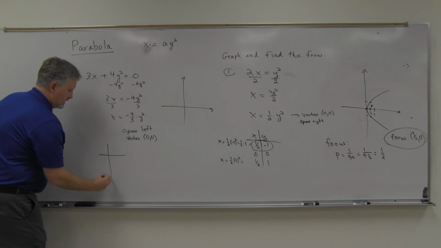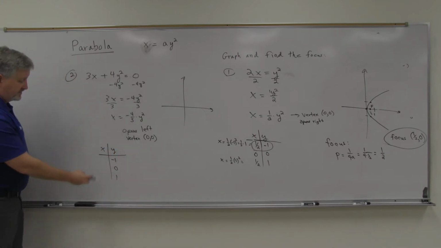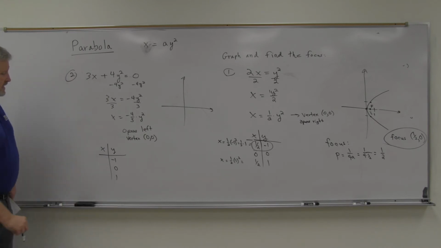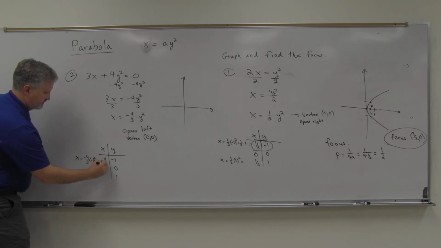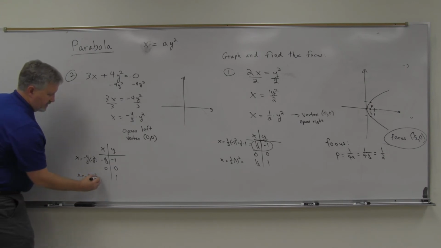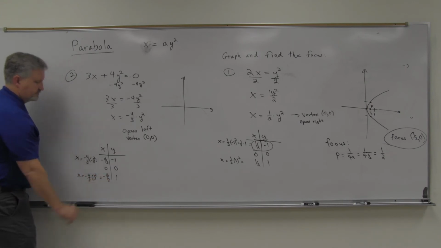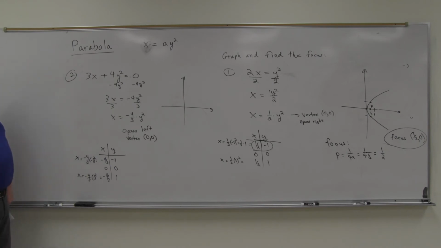So again, since it's sideways, I'm going to pick the y values and get the x values. So x will be negative 4/3 times negative 1 squared, which is just going to be negative 4/3. Or 0, 0. When y is positive 1, it'd be negative 4/3 times 1 squared, so that's also negative 4/3. Should be enough information there.